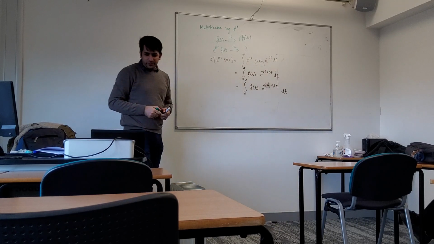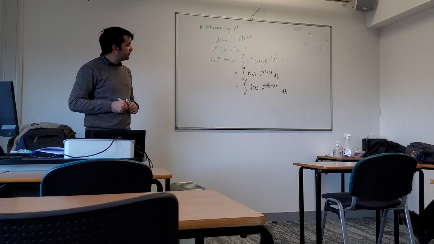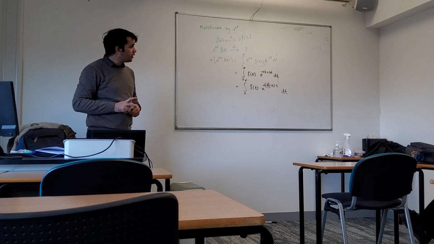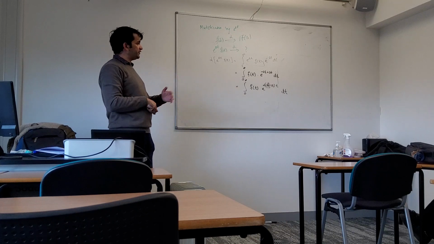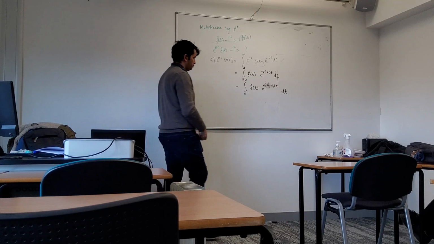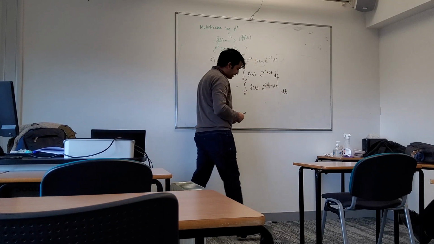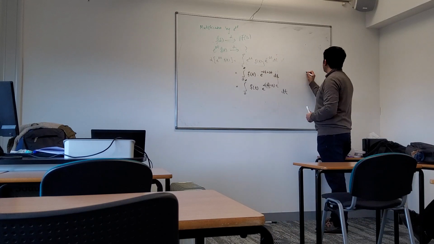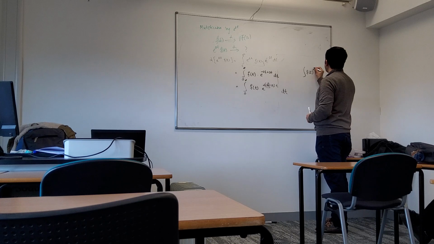So it means that from here we can conclude something. Again we can do those shift things with these variables, but here what we can see is, we know that if you have f of t e power minus st dt, it gives you F of s.